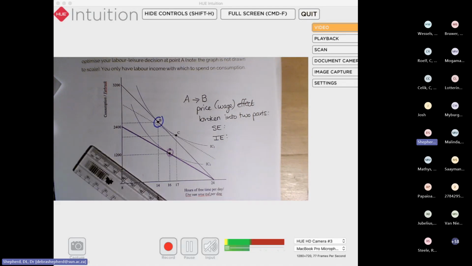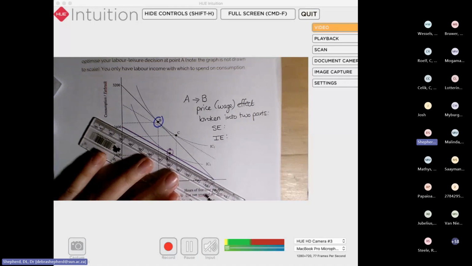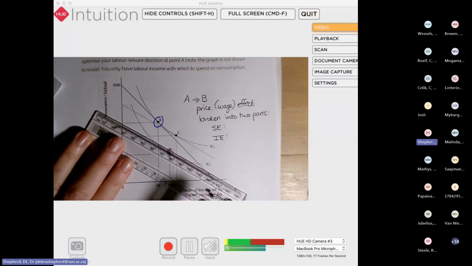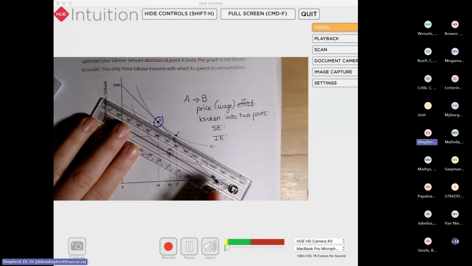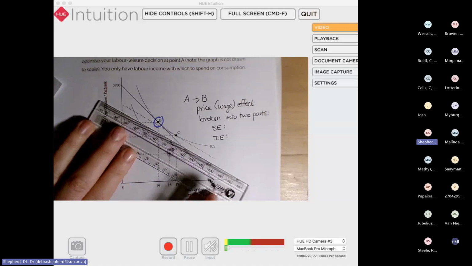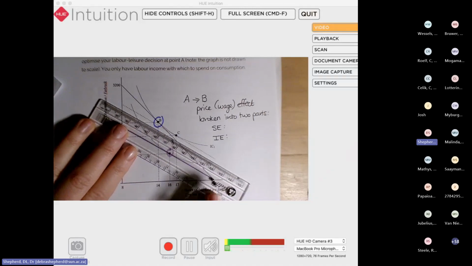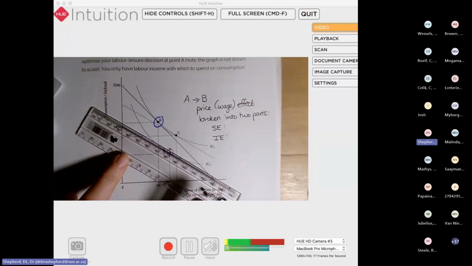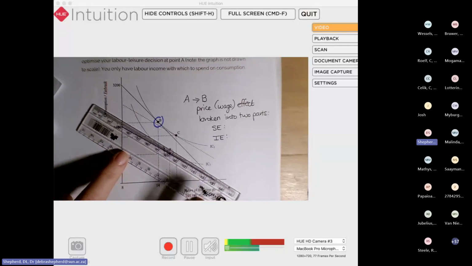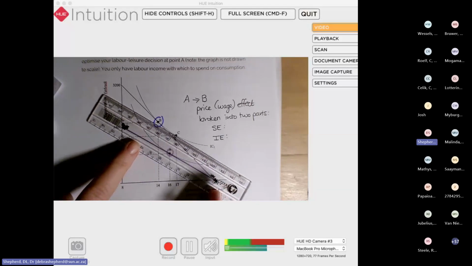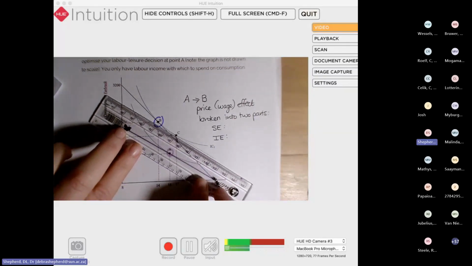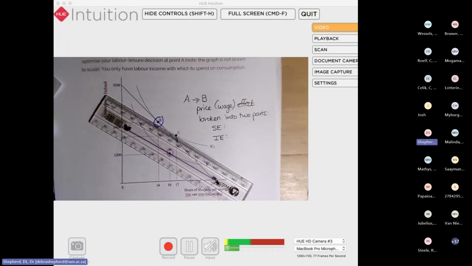We go to our original budget line and move it parallel outwards until it reaches our higher indifference curve. What this movement represents is what kind of income increase would give us the same utility as our new optimal point. So this parallel movement is the income effect.